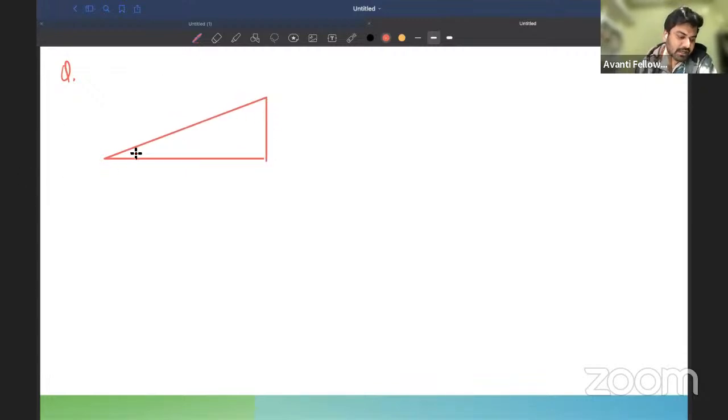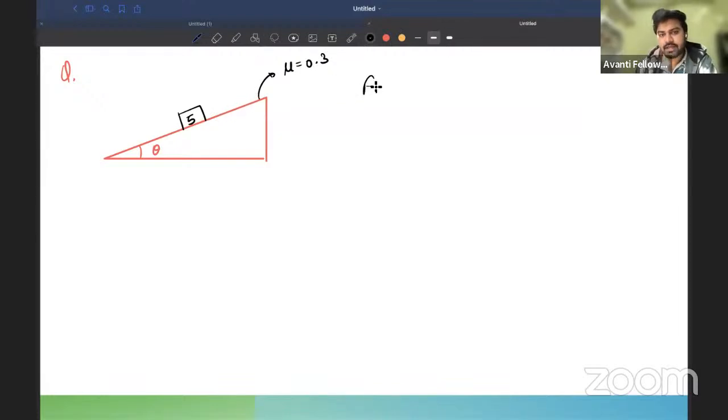Inclined plane, the angle is, let's say, theta, okay, and there is a block kept on this inclined plane of 5 kg. 5 means 5 kg, right? And let's say the friction coefficient of the surface is 0.3, right?